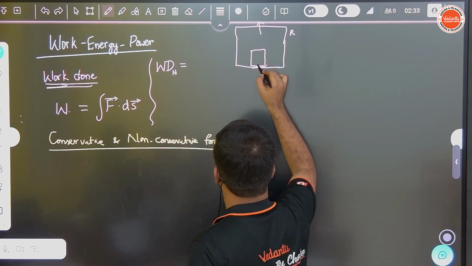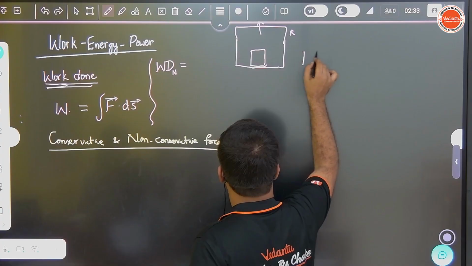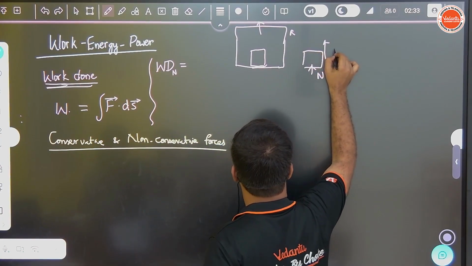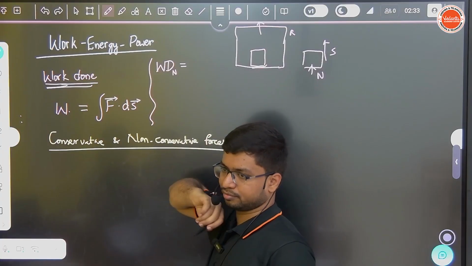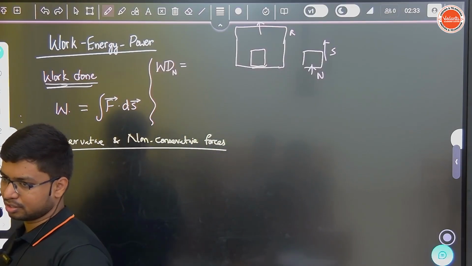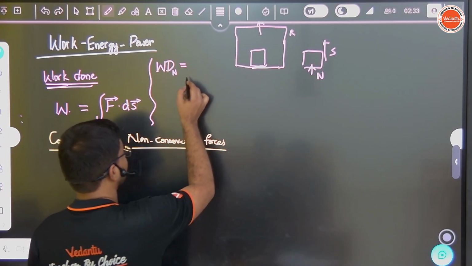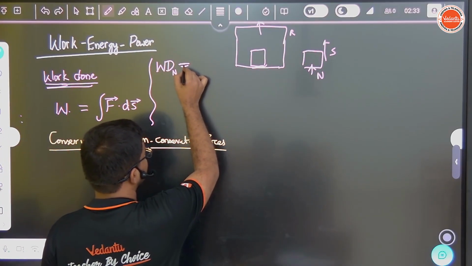So in such a case, on the block you have a normal reaction and the block is actually getting displaced. So over here, work done by normal reaction is non-zero.